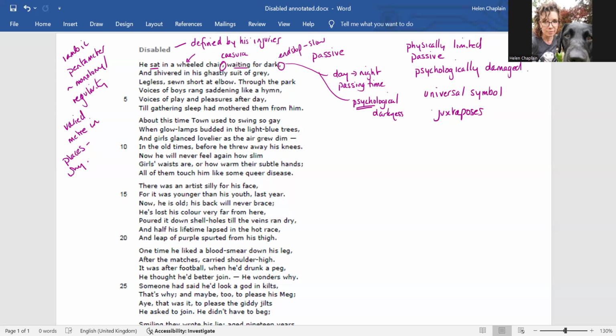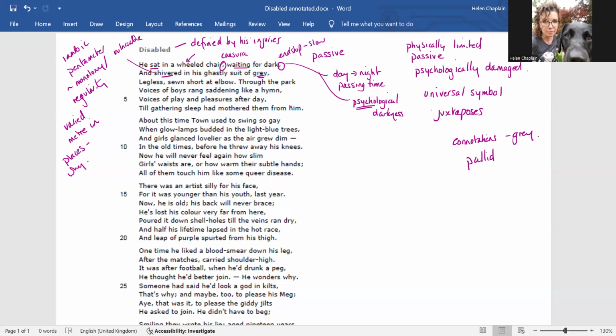"So he sat and shivered." Okay, so we've got that idea of his vulnerability. He's vulnerable in his "ghastly suit of grey." And I would talk about the connotations, those connections and associations, of the colour grey. Okay, so it is pallid, that word that means unhealthily pale, right?